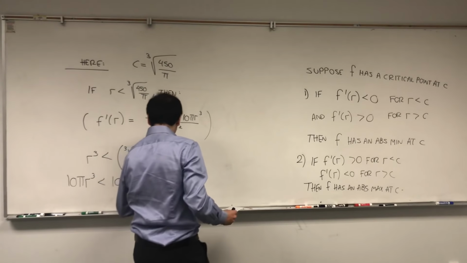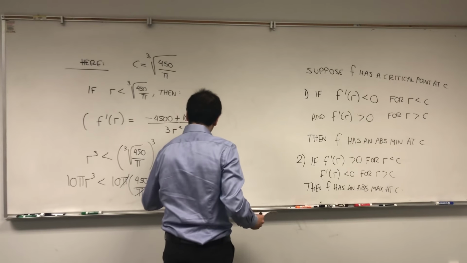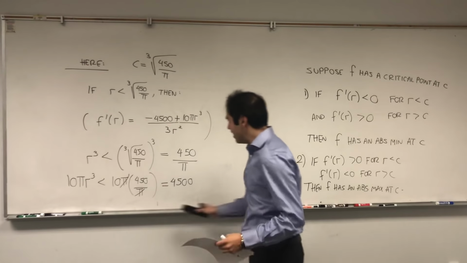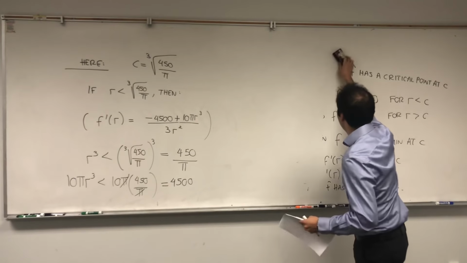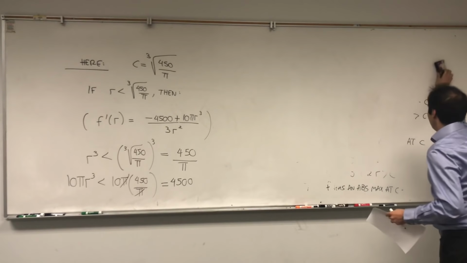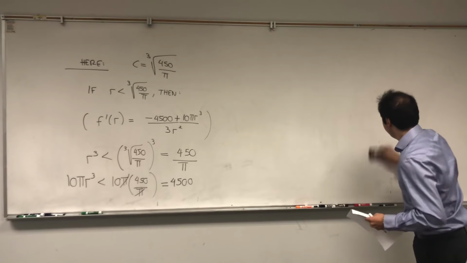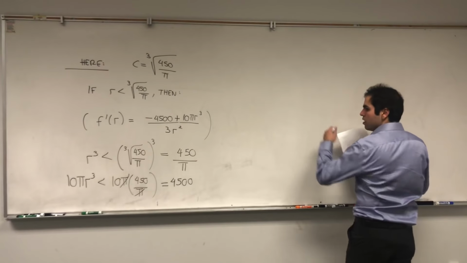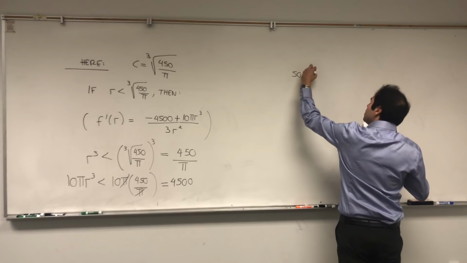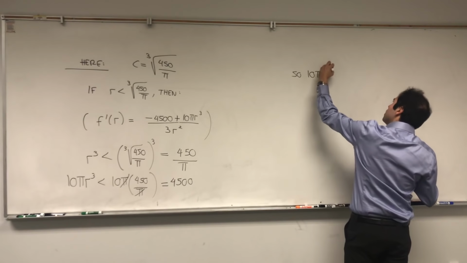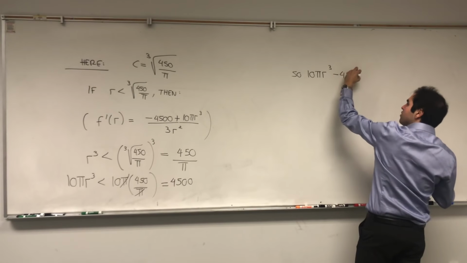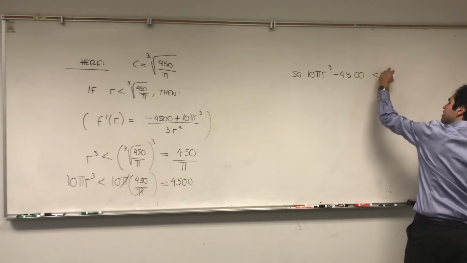This cancels out, which is 4,500. And then if you subtract 4,500, you get that it's negative. So 10 pi r cubed minus 4,500 becomes negative.